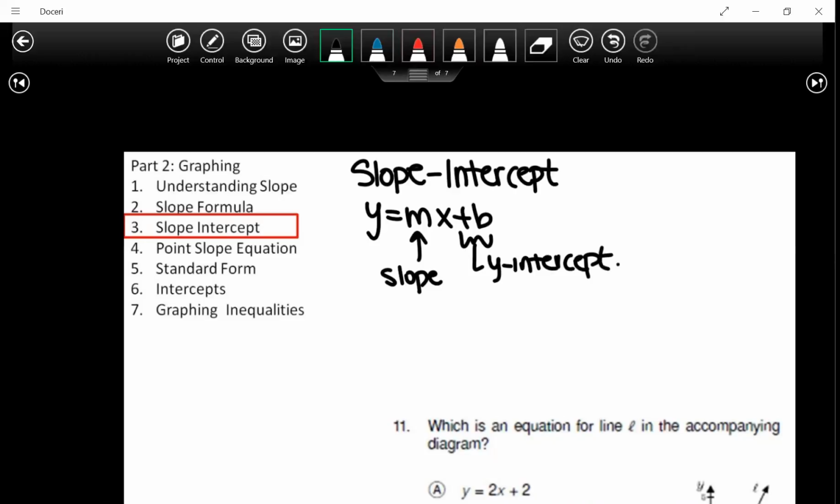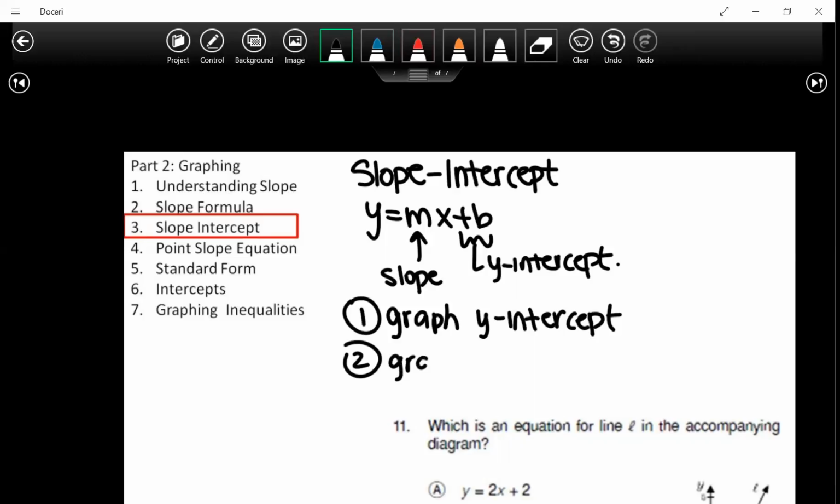The way that we usually graph this is we graph the y-intercept first because it's always easy to find. The second portion is to graph or plot the slope from the y-intercept.